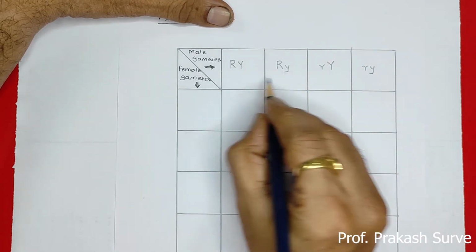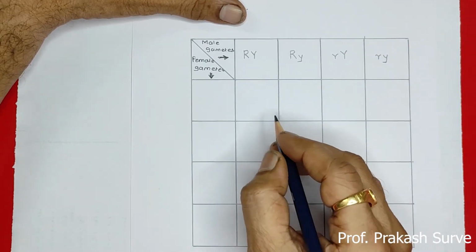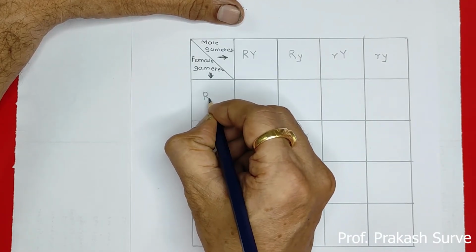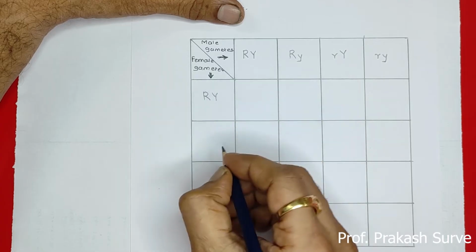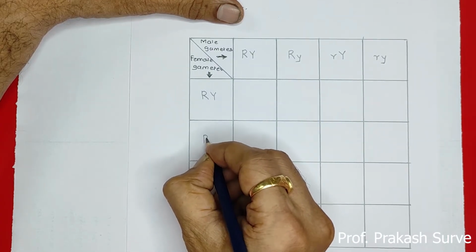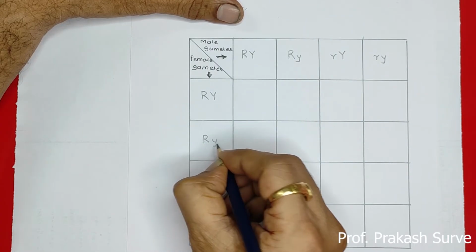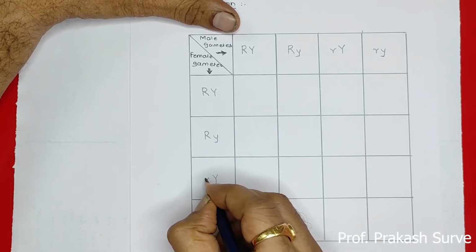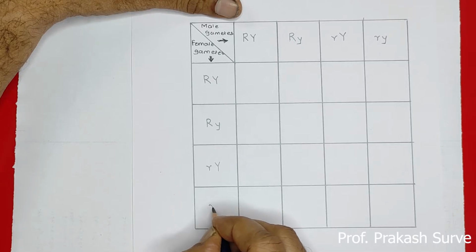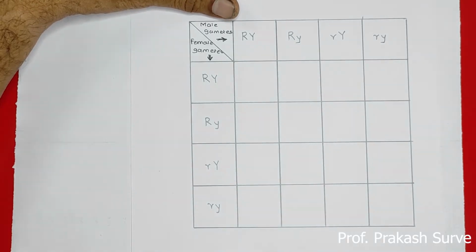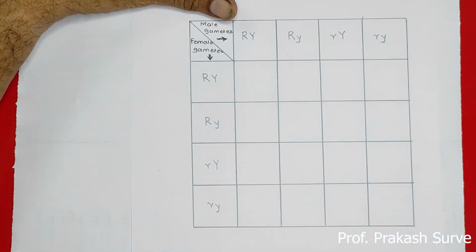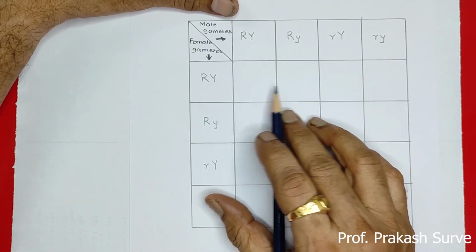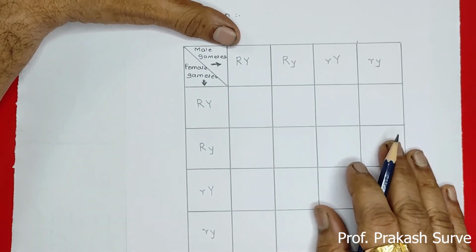These are the gametes of the male. The same types of gametes will be there in the female also: capital R capital Y, capital R small y, small r capital Y, and small r small y. Once we write these gametes, afterward we have to find out what offspring are there.